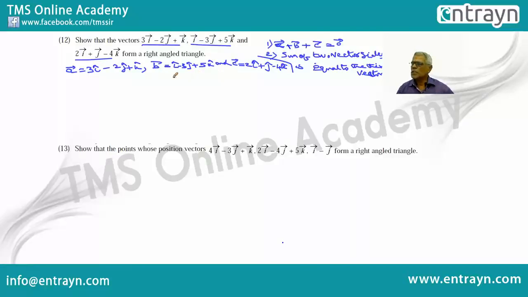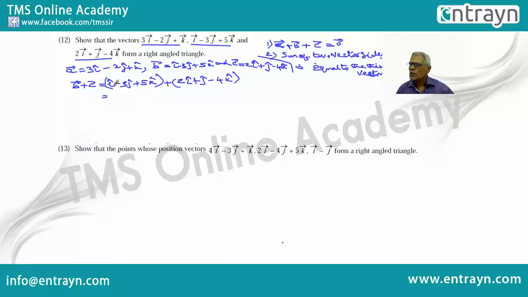Is it not? Listen here, sir, we see that b vector plus c vector. What is b vector? This is my b vector and this is my c vector. So b vector is i vector minus 3j vector plus 5k vector, plus c vector is 2i vector plus j vector minus 4k vector.